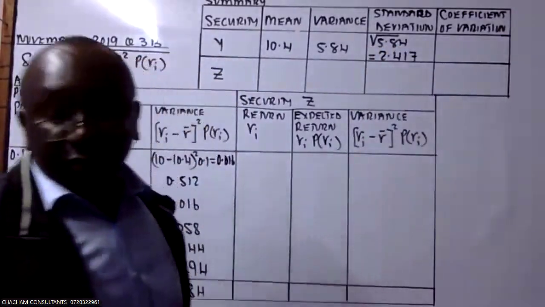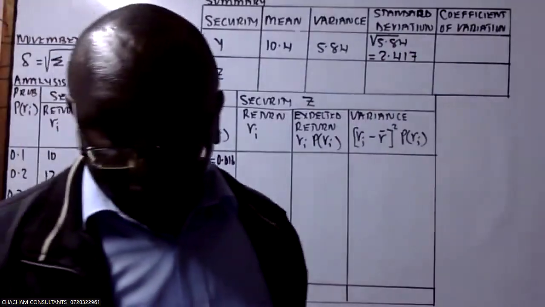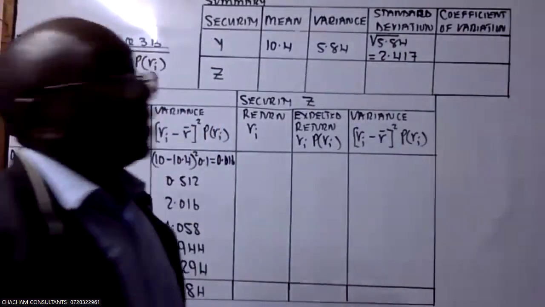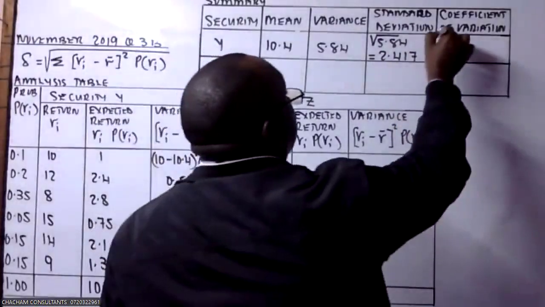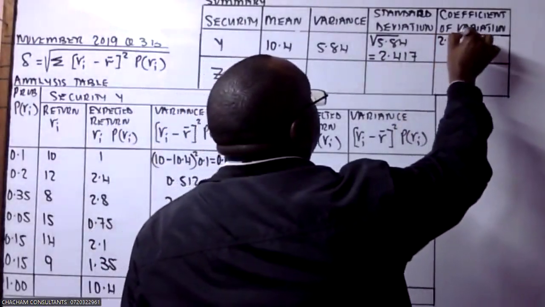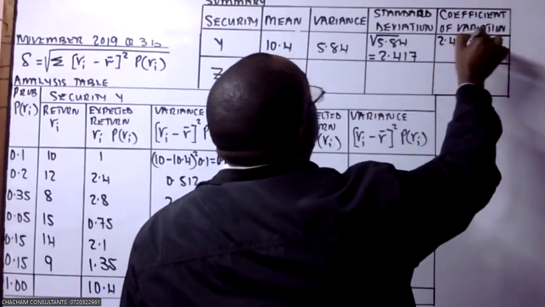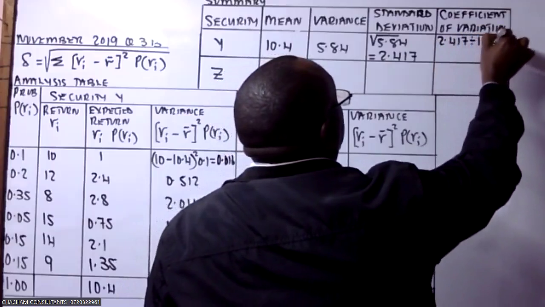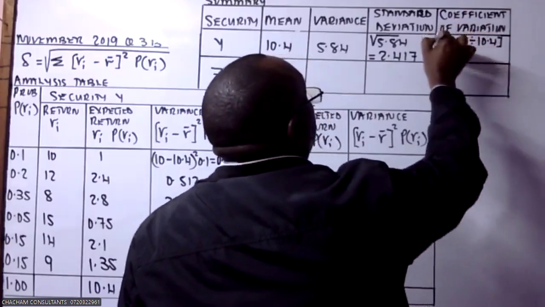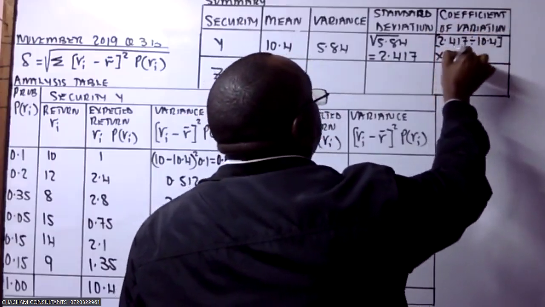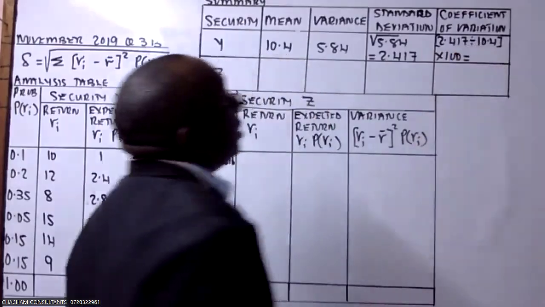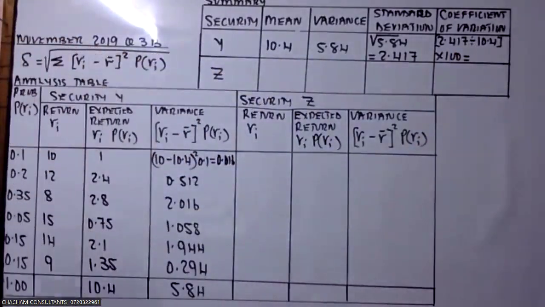So the standard deviation is 2.417. Then if you get this 2.417, you divide it by the mean, 10.4. Then you multiply by 100. 2.417 divided by the mean, 10.4, times 100.